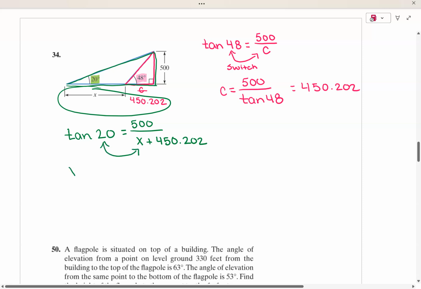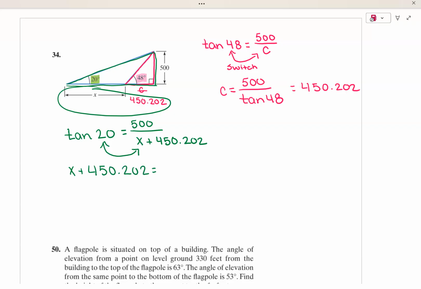We can switch these. So 500 divided by the tangent of 20 is 1373.739, and then we're going to subtract 450.202.